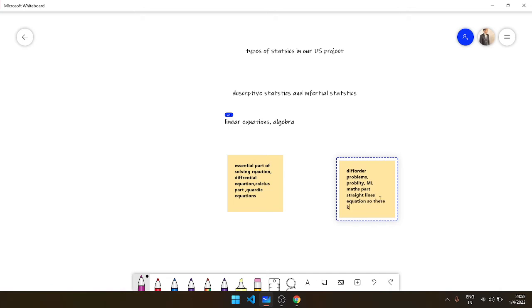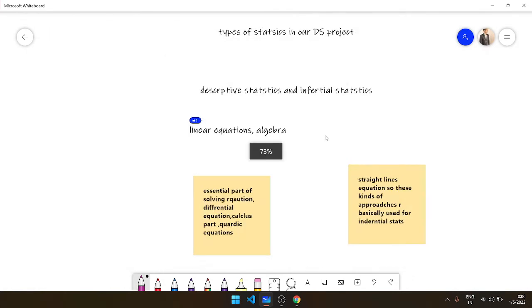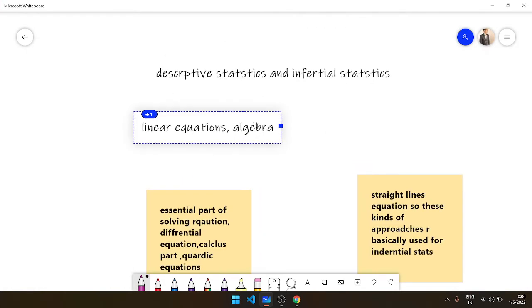So these kinds of approaches are basically used for inferential stats. So we basically use here a text area which is completely involved in algebra, and this involves, okay.